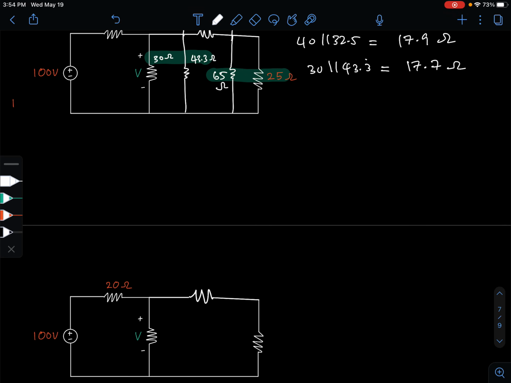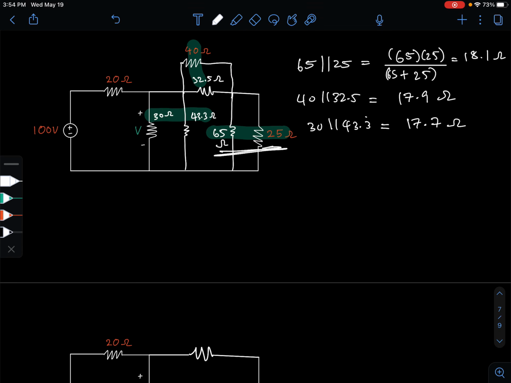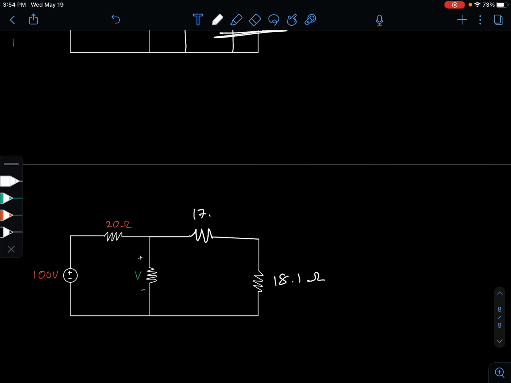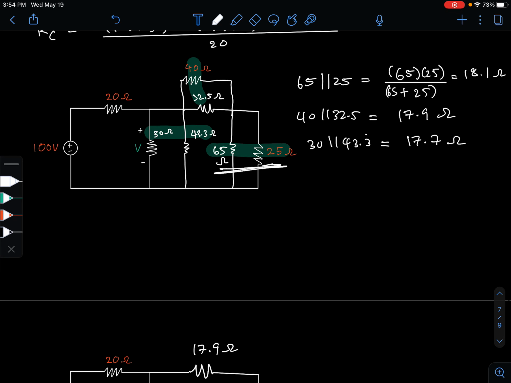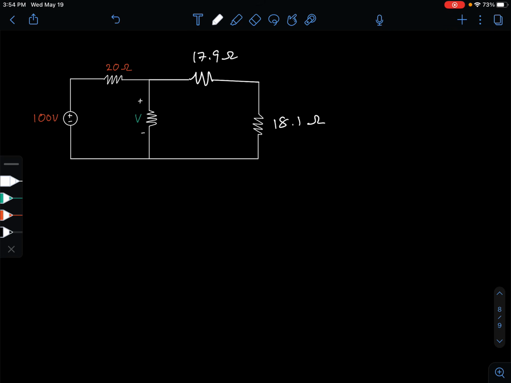We found that 65 and 25 would give us 18.1 ohms. 40 and 32.5 in parallel would give us 17.9 ohms. 30 and 43.3 in parallel would give us 17.7 ohms. Again, we're trying to find this potential difference right over here.